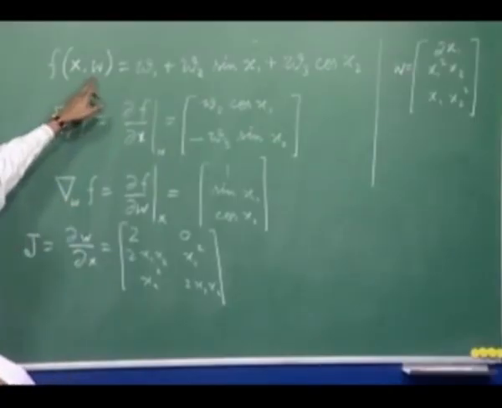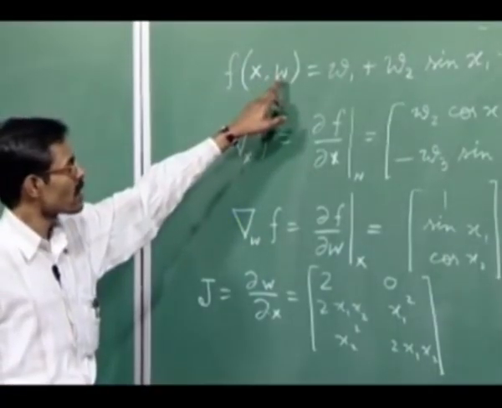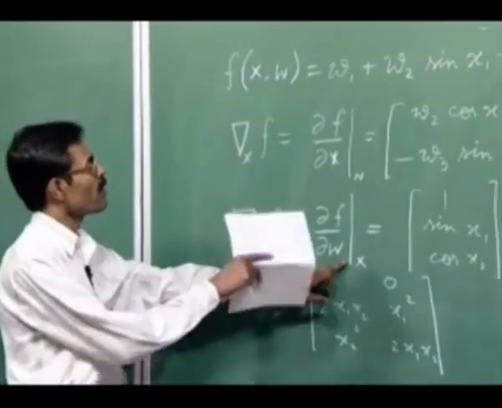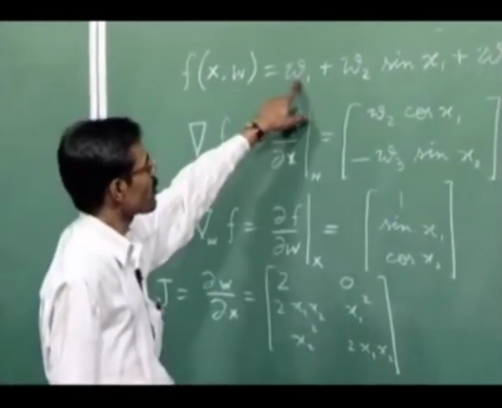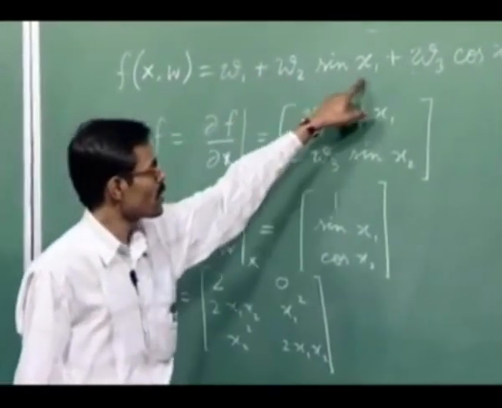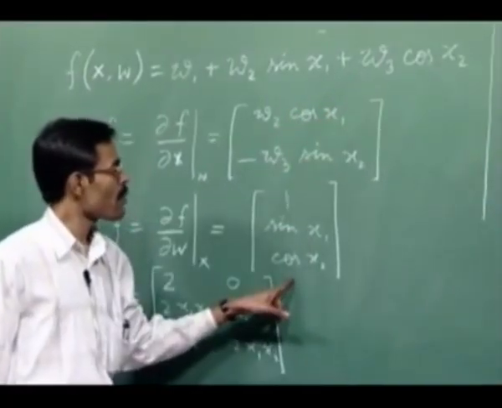If we similarly construct the gradient with respect to the vector w keeping x constant, we find the derivative with respect to w1 is 1, with respect to w2 is sin x1, and with respect to w3 is cos x2.